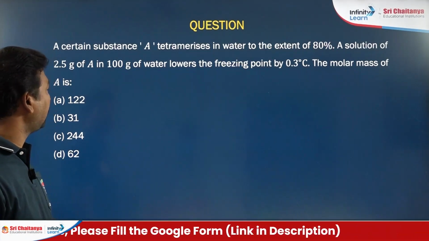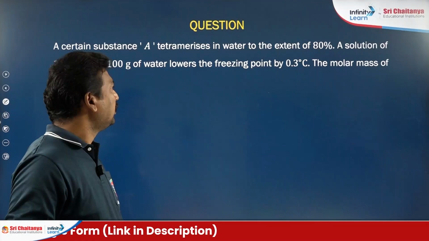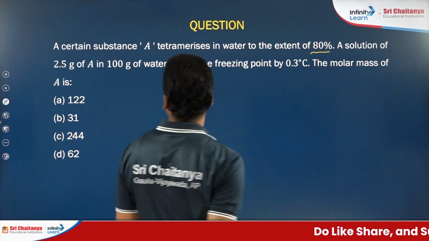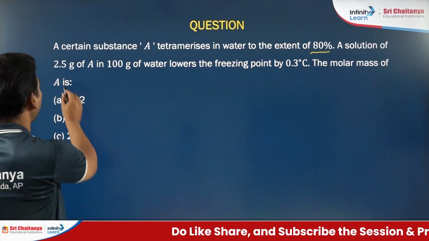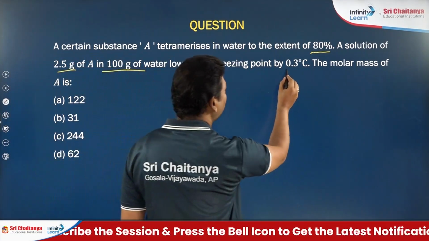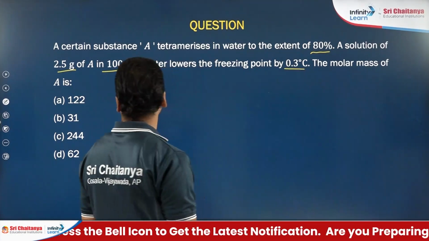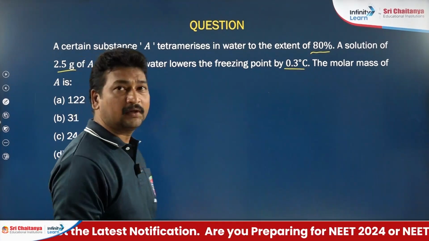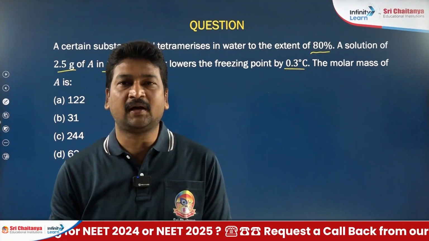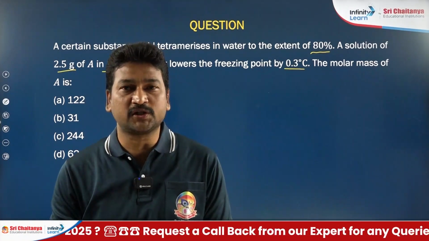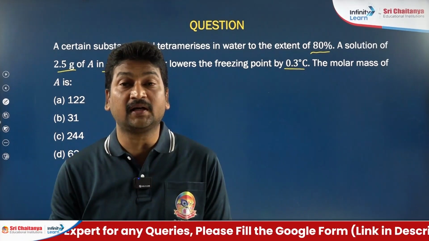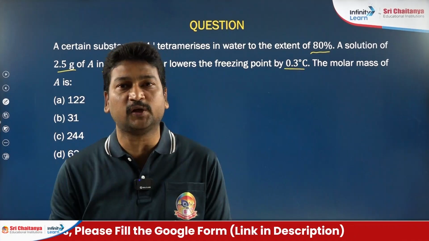Coming to the next question. A certain substance A tetramerizes in water to the extent of 80%. A solution of 2.5 grams of A in 100 grams of water lowers the freezing point by 0.3 degrees C. The molar mass of A is, dear students, whenever the question says dimerizes, trimerizes, tetramerizes, polymerizes, associates, you can understand that it is the degree of association of the solute.